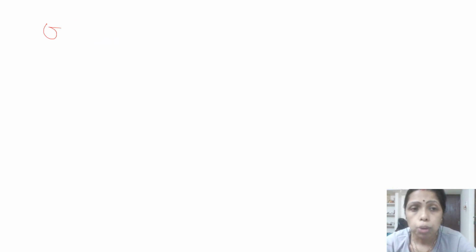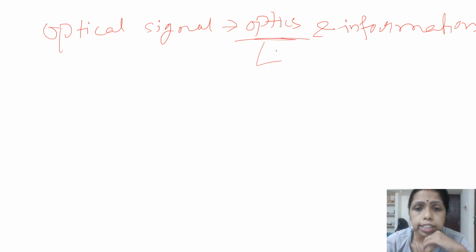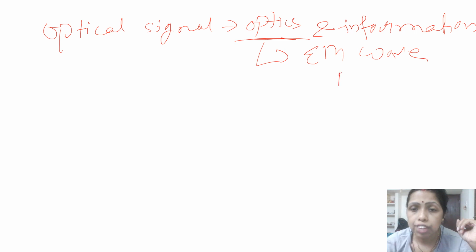So optical signal, optics and information, right? Optics is an electromagnetic wave. It consists of an electric field as well as a magnetic field.